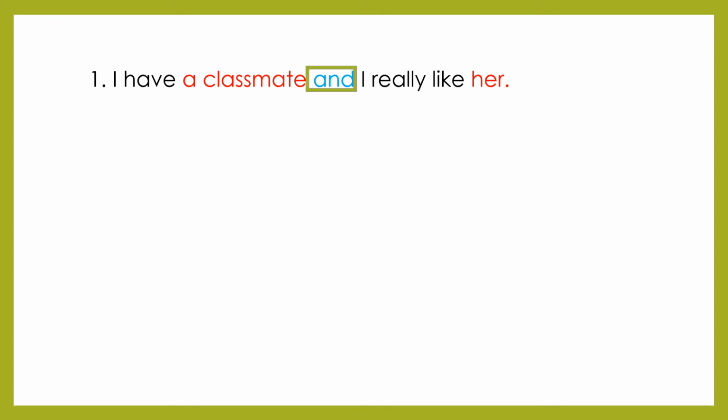Okay, in this, our classmate and her is the same person, but her is an object of like. Okay, in the previous slide, the pronoun was the subject, but in this sentence, her is an object of like.